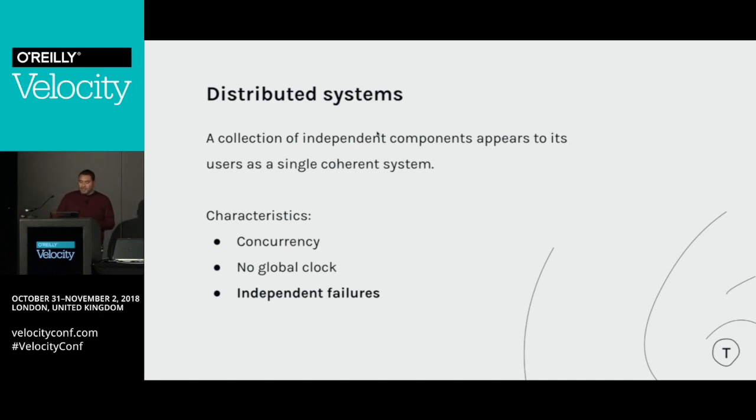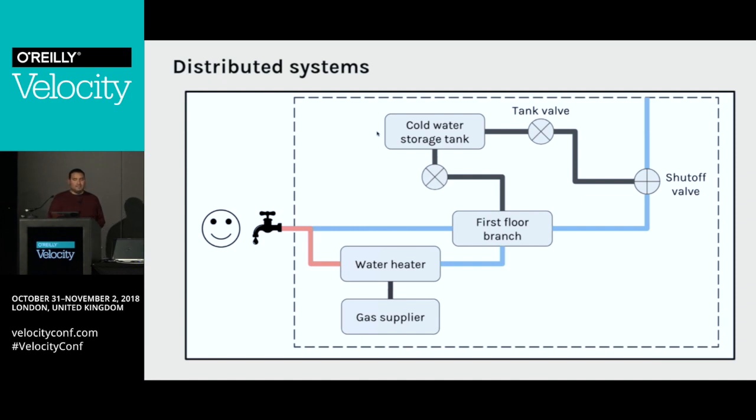I want to introduce a distributed system that should be familiar to all of us, so we are all on the same page. This is a pretty simple distributed system. As you can see, from the person's perspective, it's a set of independent components that act as a single coherent system. And this system has just one use case: I open the tap and the water flows out.